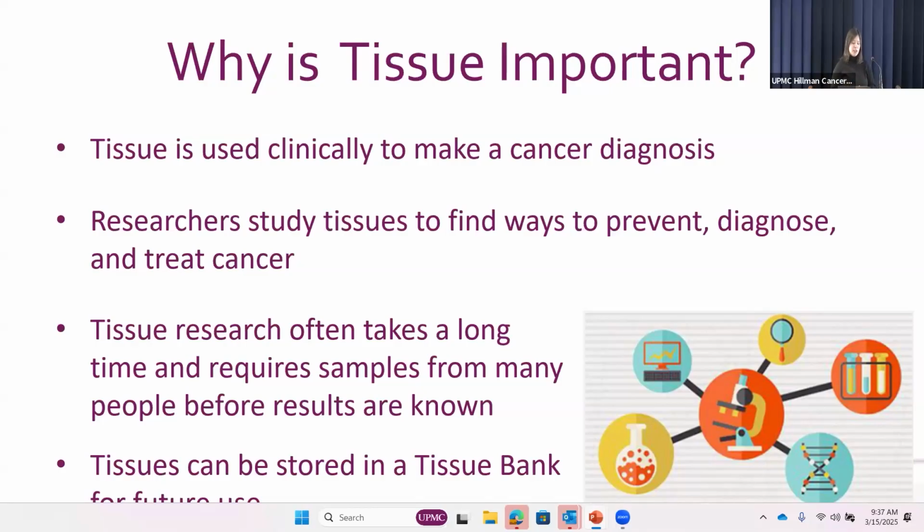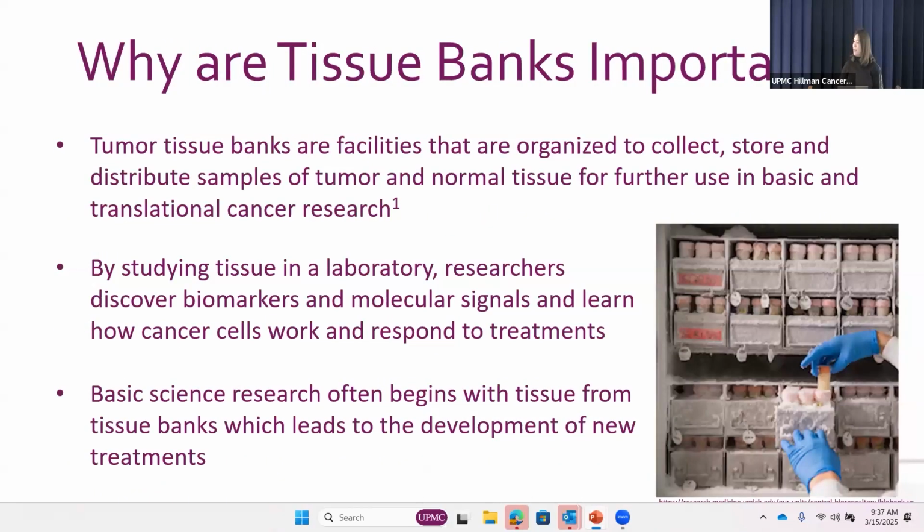And then we store tissue in what we call a tissue bank. A tissue bank is just a facility that organizes these samples, stores them, distributes them to different researchers, and these tissues are often used for basic science and then later translational research.